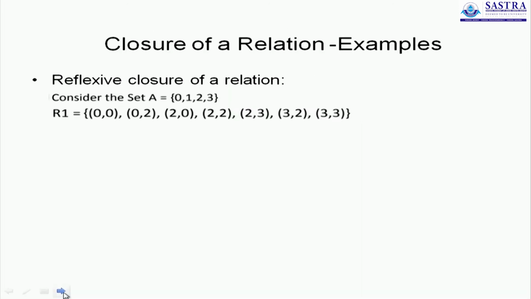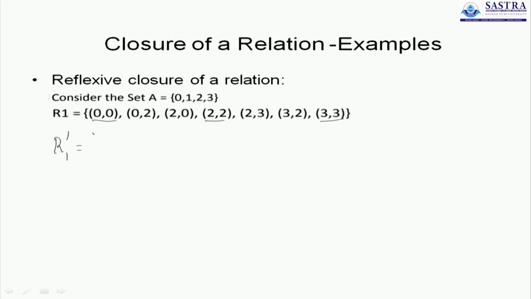To give you an example, let's have a look at this set 0, 1, 2, 3 on which we have defined the following ordered pairs. Clearly R1 is not reflexive. R1 has 0, 0, 2, 2, 3, 3. R1 is missing the pair 1, 1. So unless we include the pair 1, 1, R1 does not become reflexive. That is why we can define a reflexive closure on R1 and call it R1 dash.